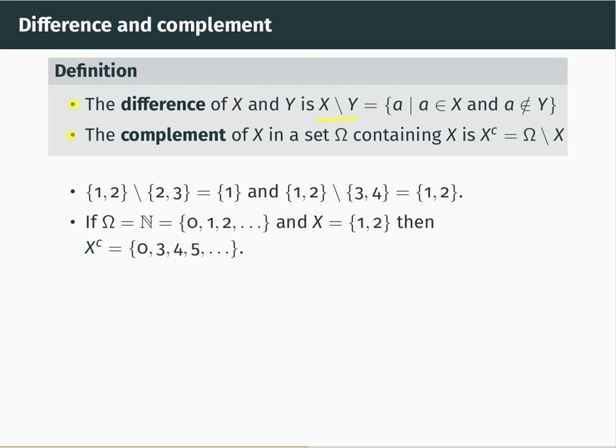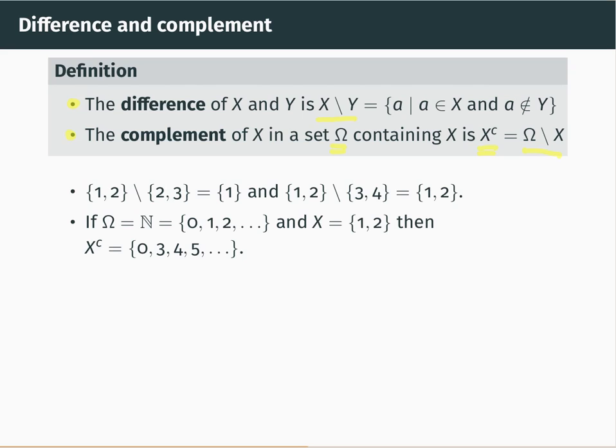If you have a set x which is a subset of a larger set omega, then the complement of x in omega is defined to be the set difference of omega and x, and it's written as an x with a superscript c.